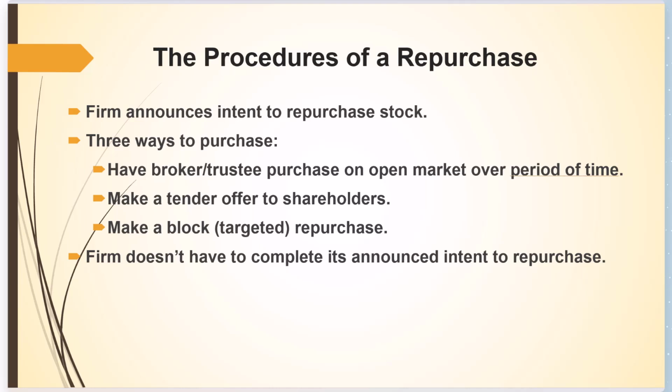It could result in something called a tender offer, where they would offer a certain price to current shareholders to relinquish their shares. We could also do something referred to as a targeted block repurchase, where we choose possibly one investor and ask that one investor to relinquish their shares.